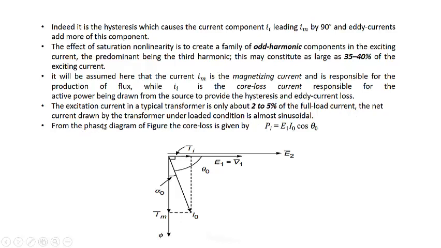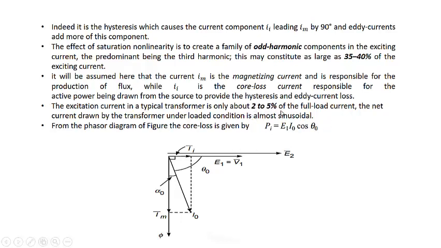The net current drawn by the transformer under loaded condition is almost sinusoidal, because the no load current is only 2 to 5%, and from this the third harmonic component, which is predominant, that is 35 to 40% of this, will be very small. When you add it to the full load current, you will see there is almost no contribution of this no load harmonic current to the full load current.